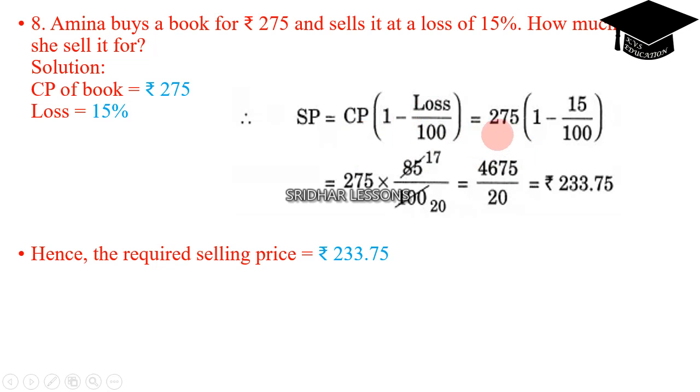Cost price is 275 into 1 minus 15 by 100. So after taking the LCM, this value will become 85 by 100. So 275 into 85 by 100. Upon cancellation, this will come as 233.75 rupees. So the required selling price is 233.75 rupees.